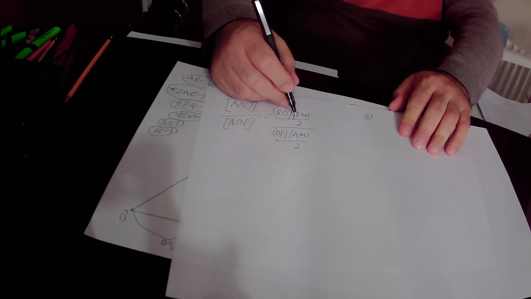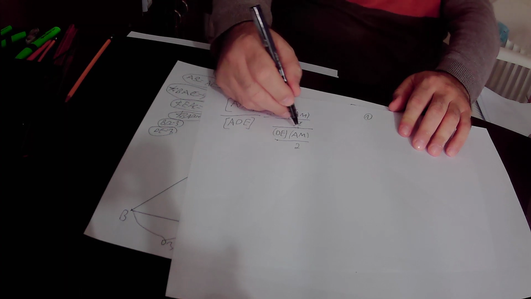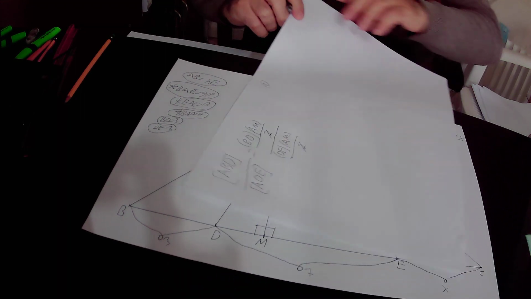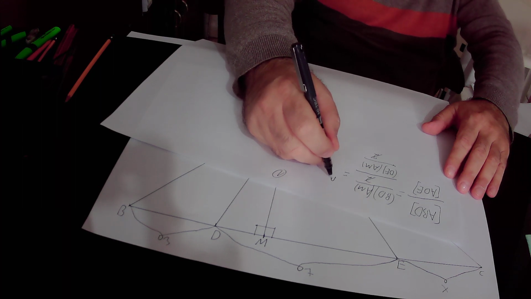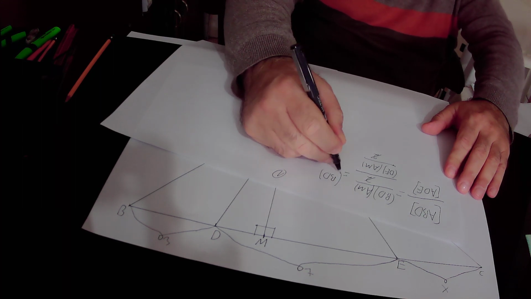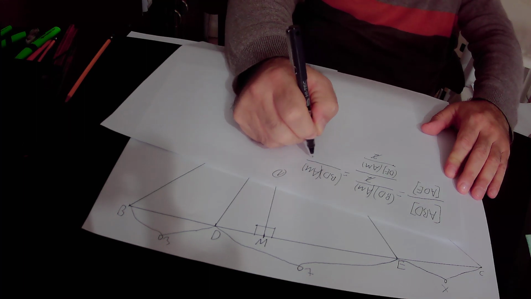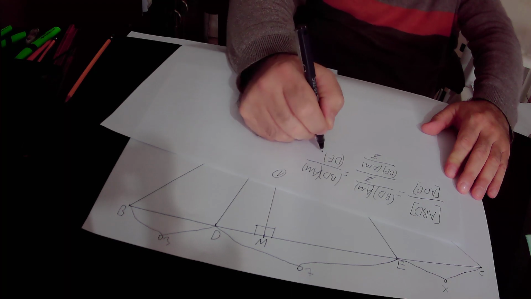Here we have 2 in the numerator and 2 in the denominator, so 2 will get cancelled. What is left from this expression after we cancel 2? What is left is BD times AM over DE times AM.